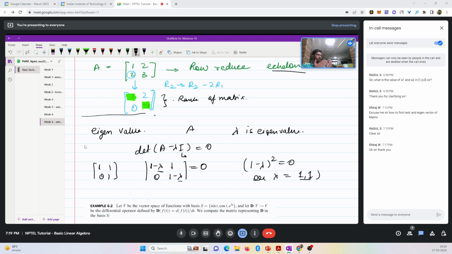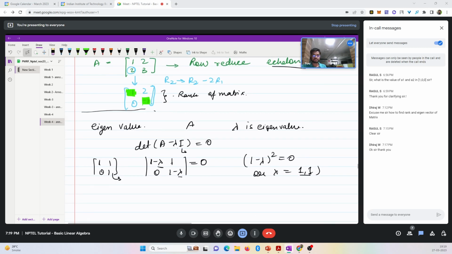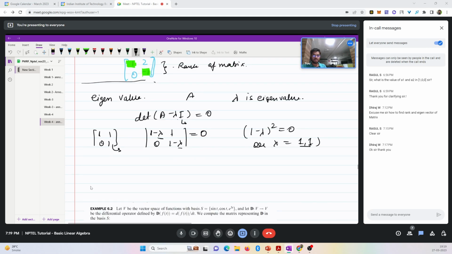So 1 is an eigenvalue for this particular matrix. Now, how do you go from eigenvalues to eigenvectors? A vector v is an eigenvector if it satisfies (A minus lambda I) v = 0.